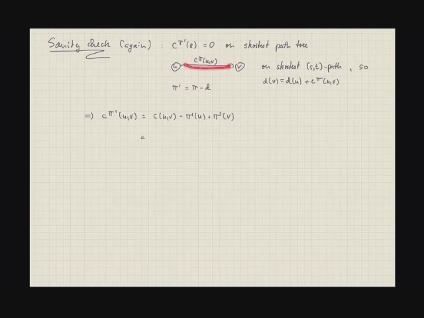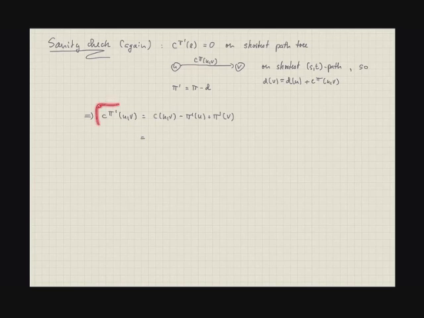And because this is an edge on a shortest s-t path, I know that the distance to reach v is the distance to reach u plus the length of this arc, right? We got here along the shortest path along this edge. So the distance is the distance of that one plus the length of the edge. That's the definition of shortest paths.